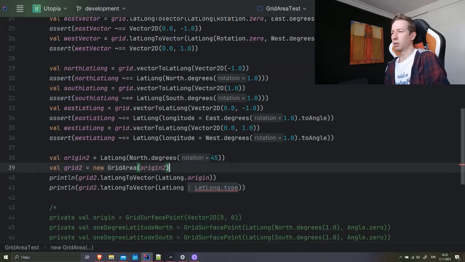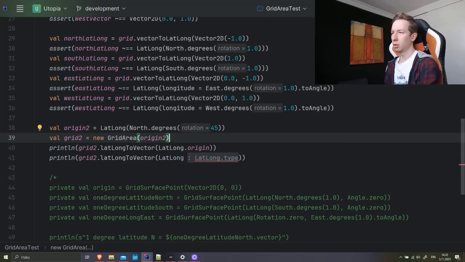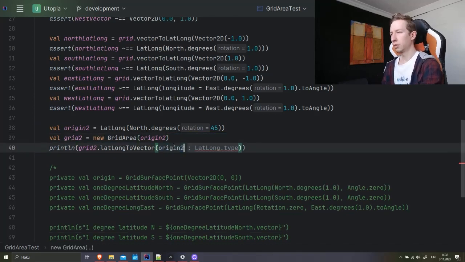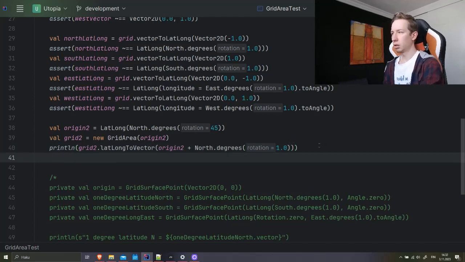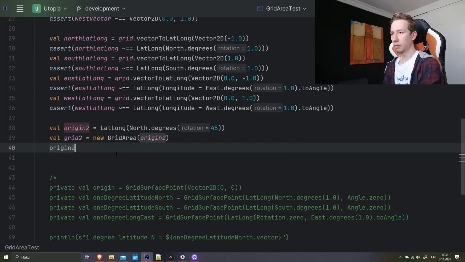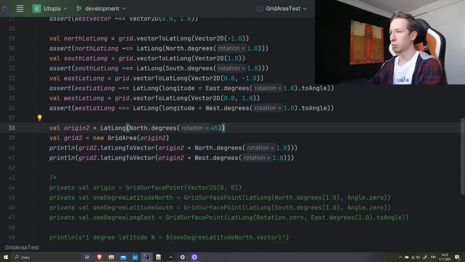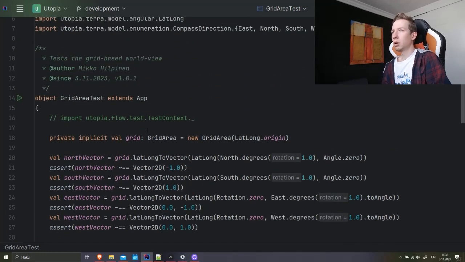I guess this is necessary. Say origin 2 plus north degrees 1.0, and then the same thing, but this time we go west. Okay, let's start with those 2 tests.